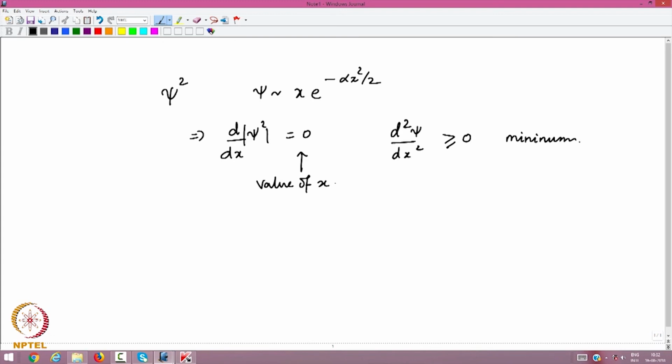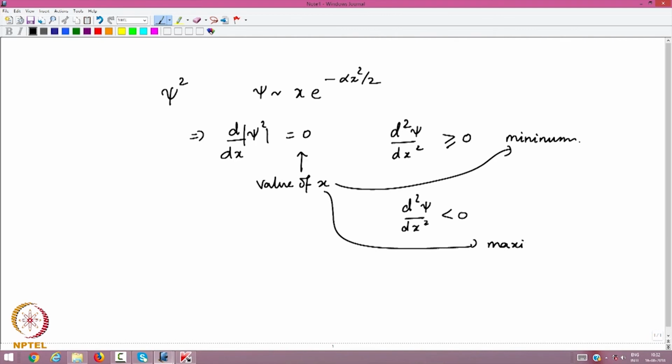This value of x is a minimum. If d square psi by dx square is less than 0, the value of x for which psi square is a maximum. Okay. So, what we would do is, let us calculate x psi square, which is x square roughly.